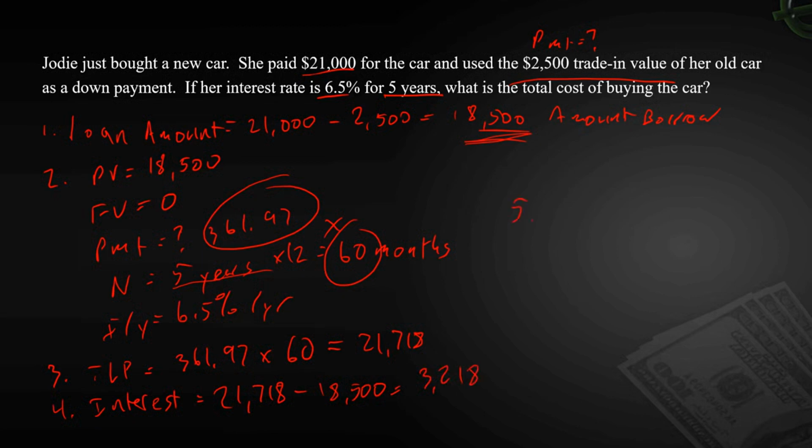And then step 5, to get the total cost, we'll do the finance charge plus the sales price. That gives you $24,218.